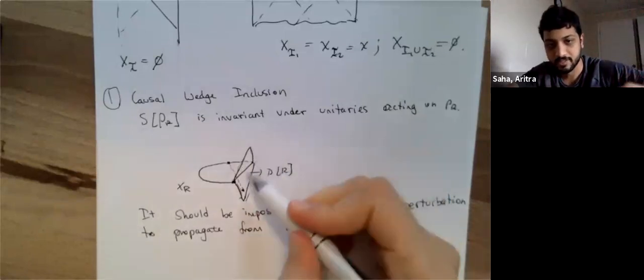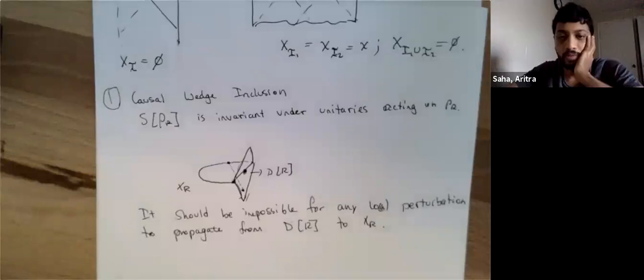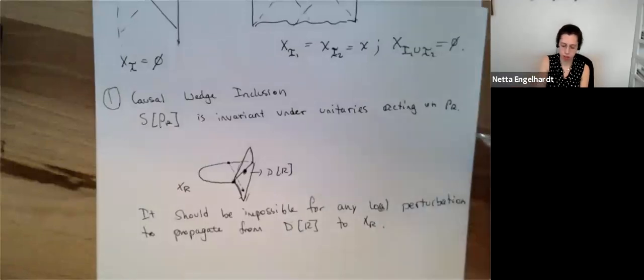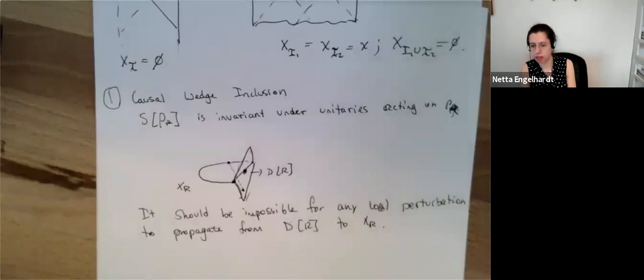Yes, it's the same story. We don't expect that if you act with a local unitary within D of R, anywhere in D of R, which includes R, it should propagate in, because that's acting on rho R with a local unitary, and that cannot affect the von Neumann entropy.